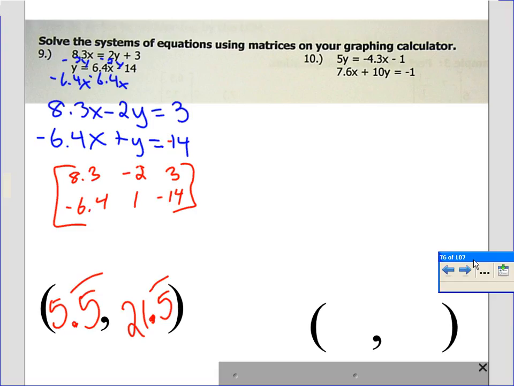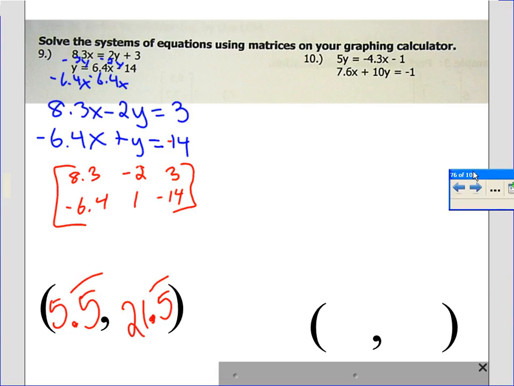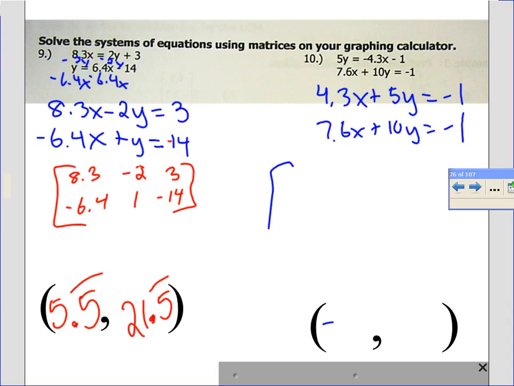Okay, Sam, what'd you get? Did you put them in standard form first? Sam, go back to your original matrix and make sure you have 4.3, 5, negative 1, 7.6, 10, negative 1.